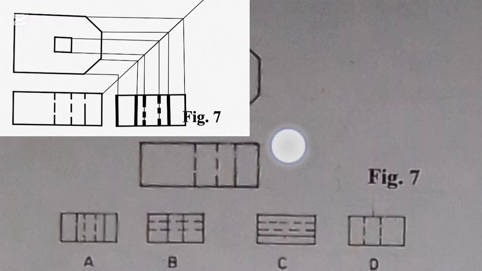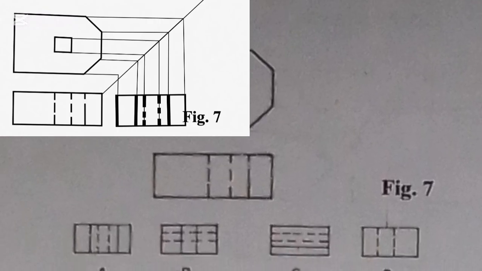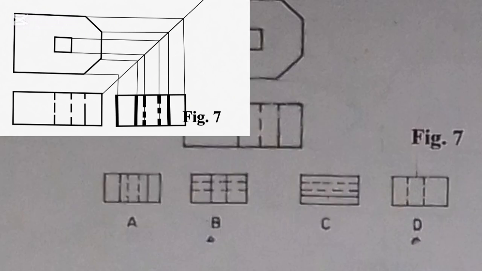So if we project a line from this side, we are told to find the right hand view. So at this side, that is going to give us A. Question 14, the right hand view of the block shown in figure 7 is A. When we draw a line from this side, both lines intersect, so it's going to give us A for question 14.